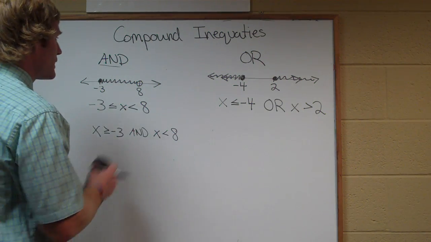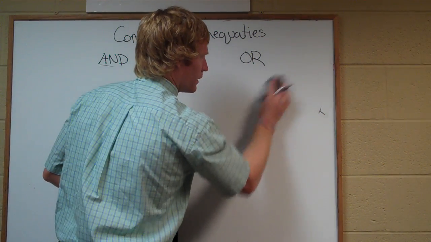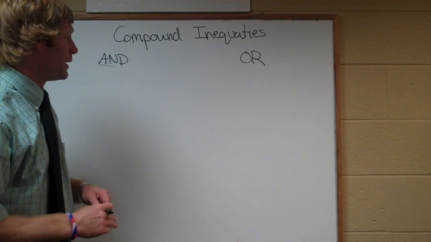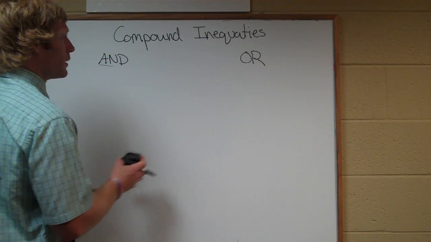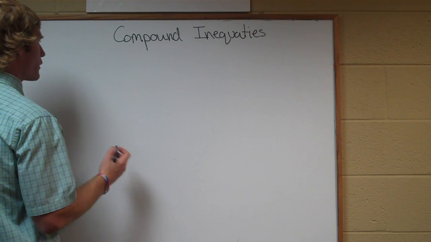All right, let's implement some solving of inequalities, a little bit of what we did from 6.1 into these types of statements. All right, so I'm going to look at a problem. So let's start it off.